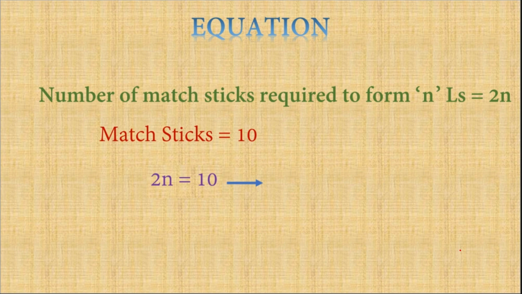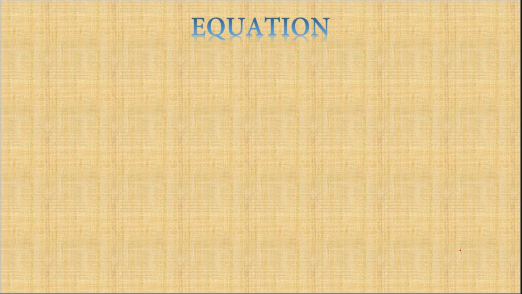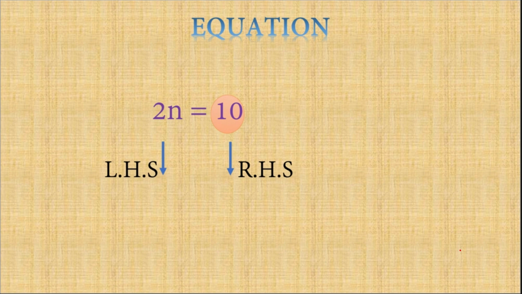The value that lies towards the left of this equal to sign is called LHS, and towards the right of equal to is called RHS. So this LHS will be equal to RHS. This is an equation. Now we know n equal to 5.